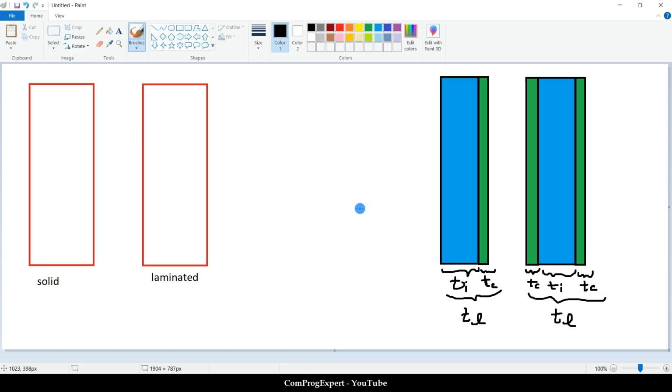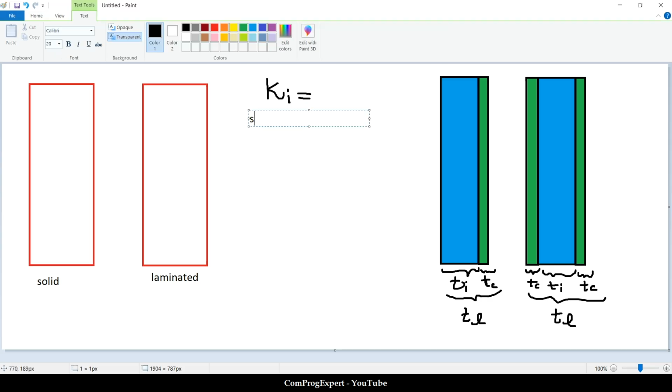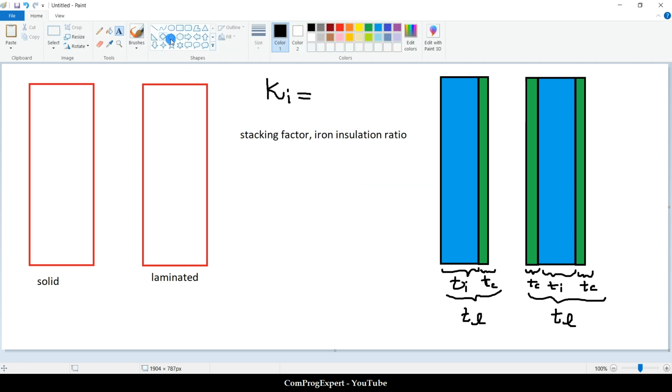And what is the definition of the stacking factor or iron insulation ratio? This parameter is defined as follows.